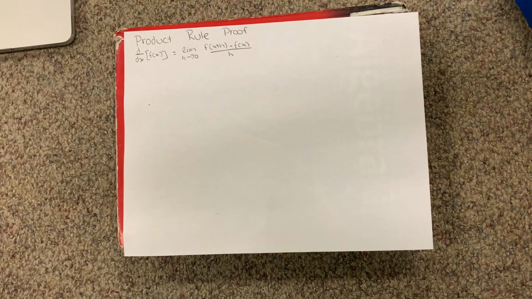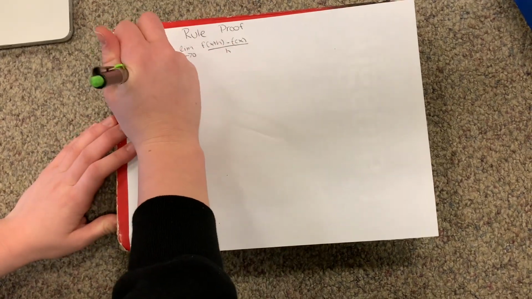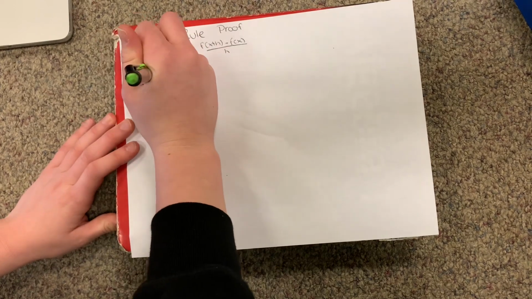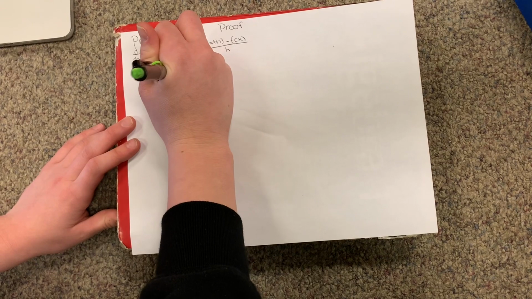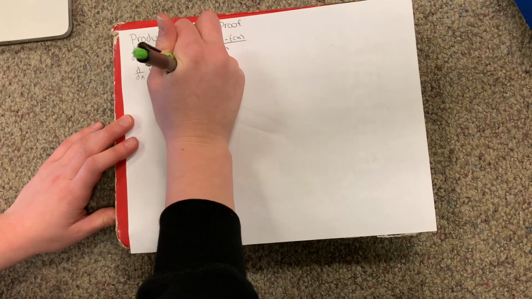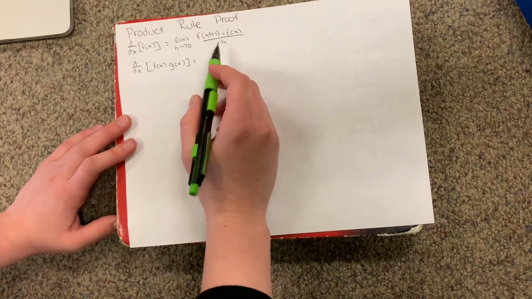So for the product rule, what you're going to be trying to find is the derivative of two functions multiplied by each other, so f of x multiplied by g of x. And we can plug that into the derivative formula first.